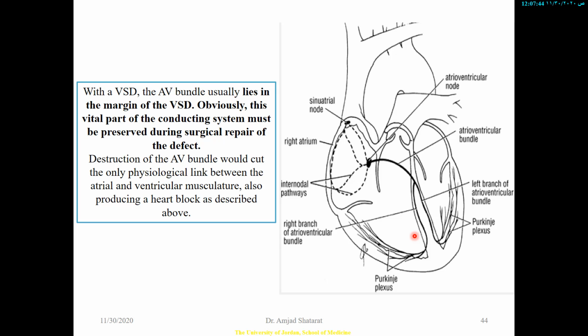So surgeons, as they are preparing to repair this defect, should bear in mind the presence of the AV bundle of His, because if they make any cut in this area or damage it, they would leave the heart conducting system of the atria separated from that of the ventricles.